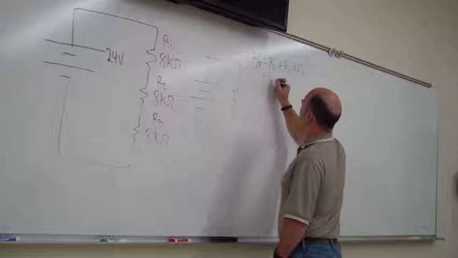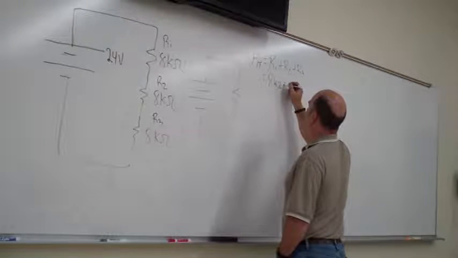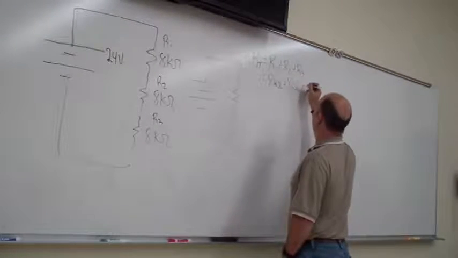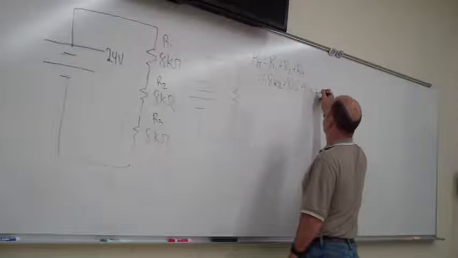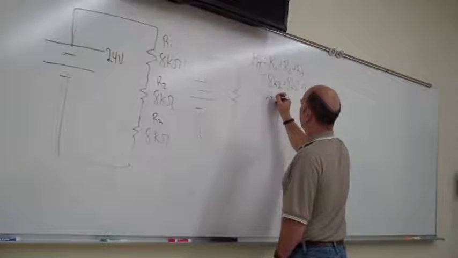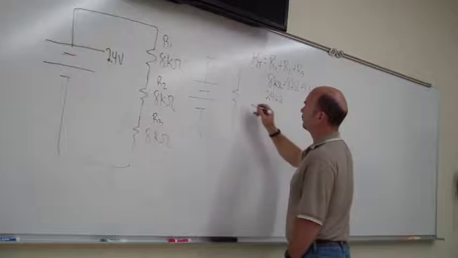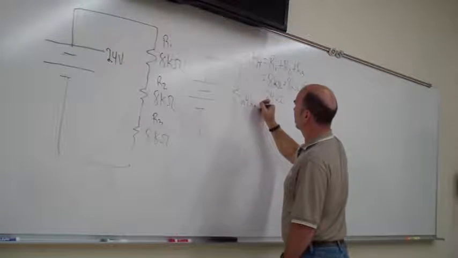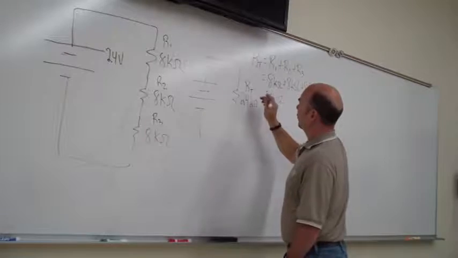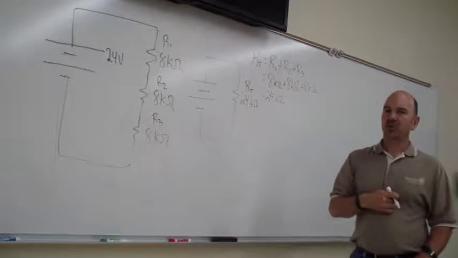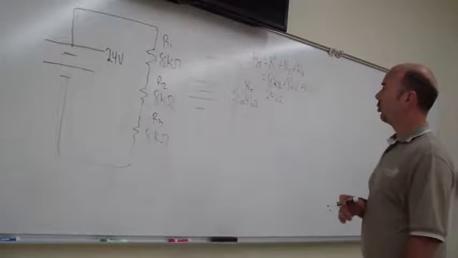In this case, it's equal to 8 k ohms plus 8 k ohms plus 8 k ohms, which is equal to 24 k ohms. Notice I'm using the designation T, the actual total resistance.